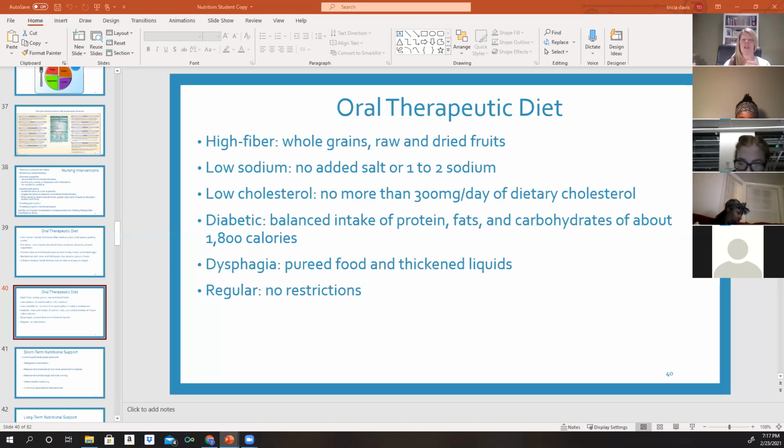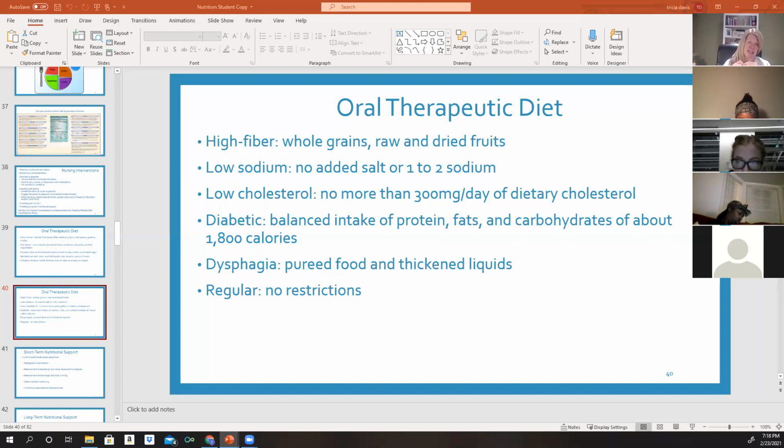These are your patients with hypertension, heart failure, renal disease. Renal disease could be acute or chronic, and then patients with liver disease. Low cholesterol. This is considered no more than 300 milligrams a day of dietary cholesterol. So these are your patients who are at risk for having heart issues. Your hypertension patients, your heart failure patients, they're going to be on low cholesterol diets.